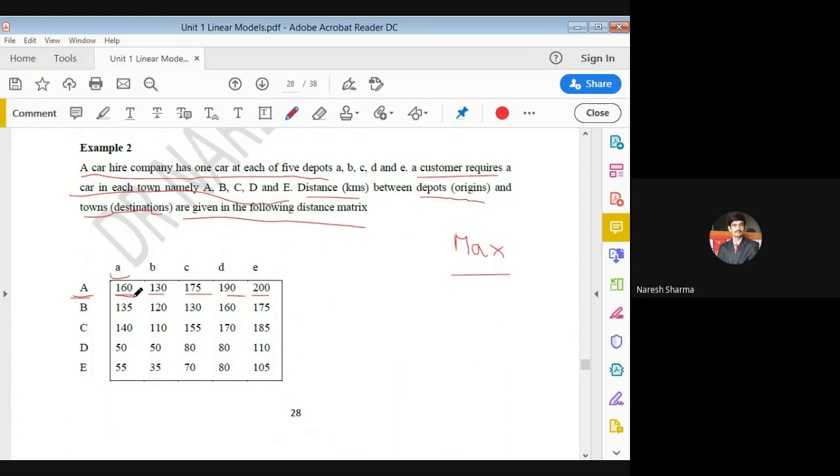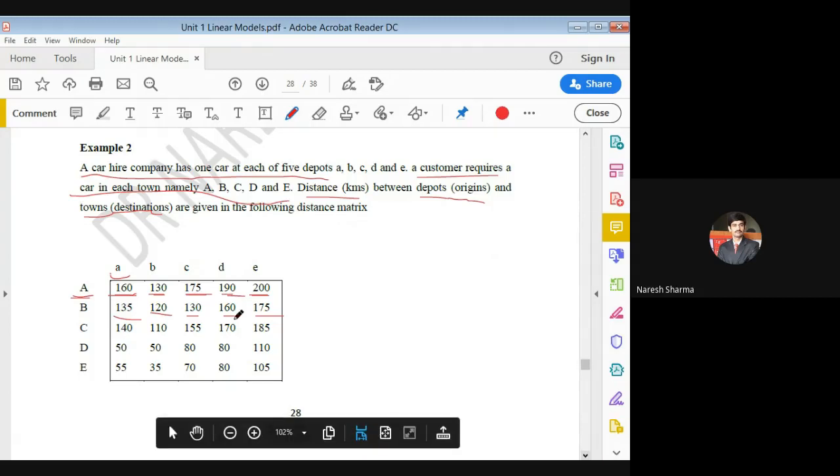For distance also we have the distance, so we need to minimize this distance. So minimize this distance, the same minimization type of problem. This is not maximize, sorry.